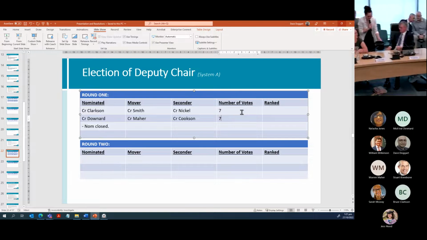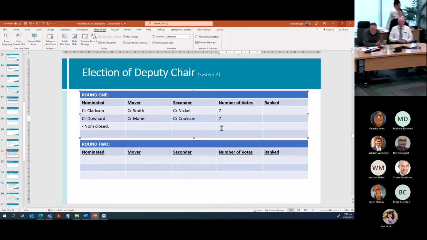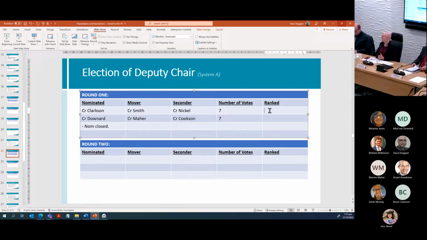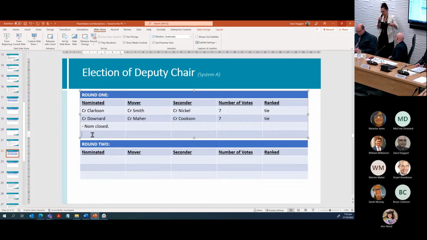Councillor Clarkson, here's your name tag. Please fold it in half and pop it into the hat. Thank you. And so just to be clear, our chairperson will draw a name out of the hat, and whichever name is drawn becomes our deputy chair.